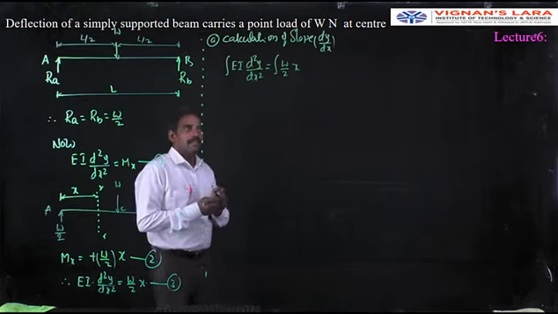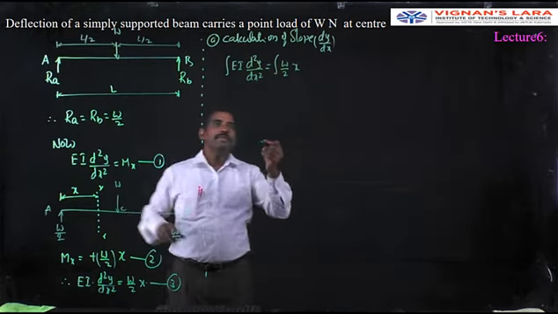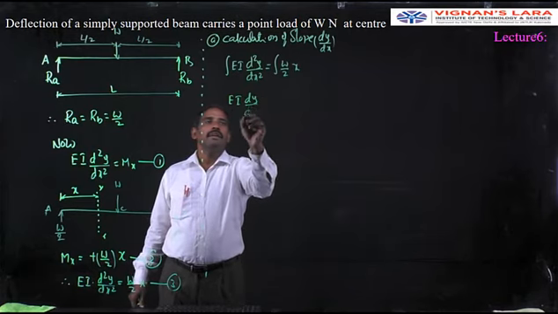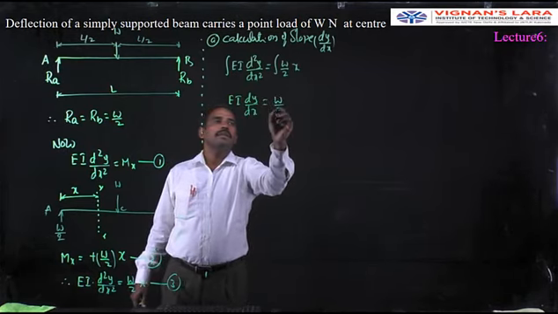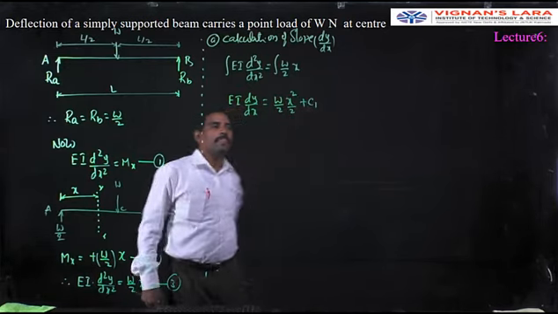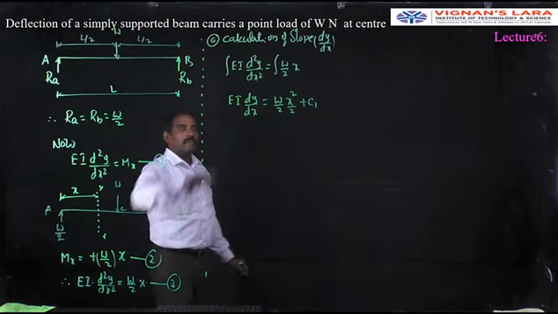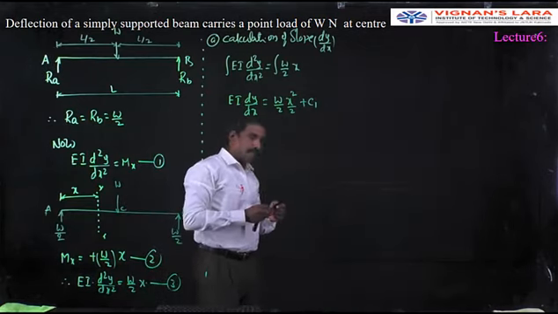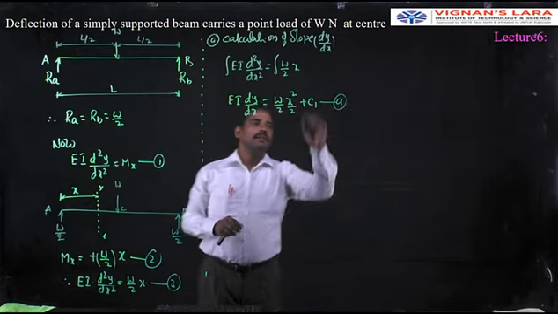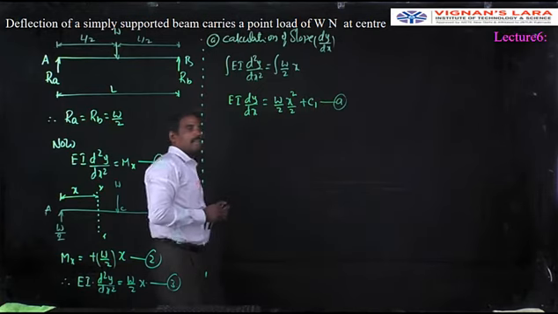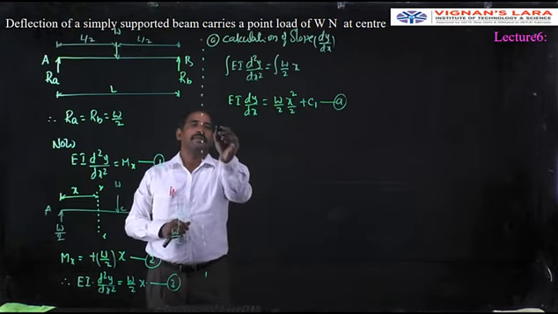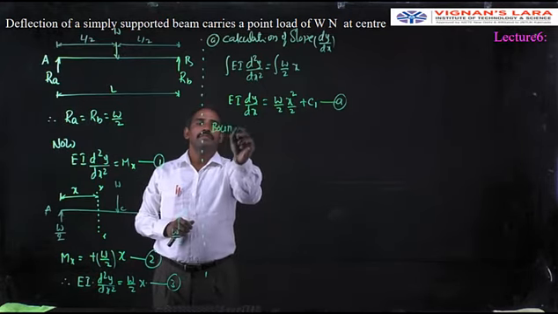Whenever integration is performed, simply it is EI into dy by dx is equal to W by 2 into x square by 2 plus C1. This is the equation after performing the integration. Here we have to find out the constant of integration C1. The C1 is obtained by using the boundary conditions. What are the boundary conditions?